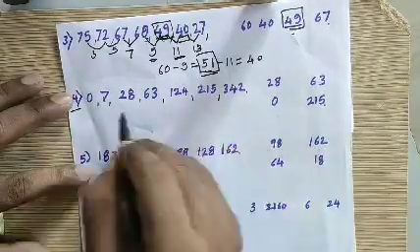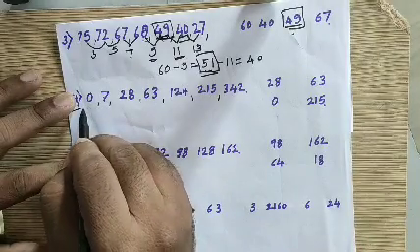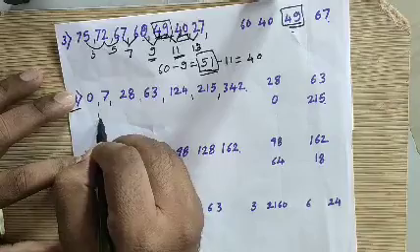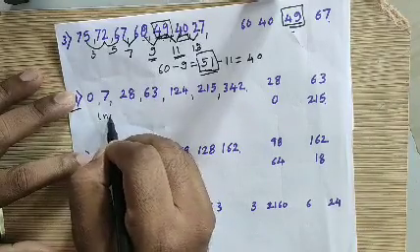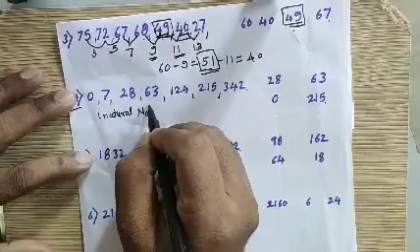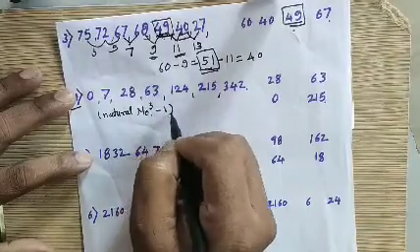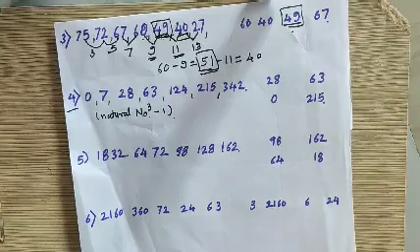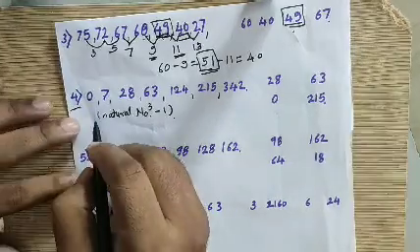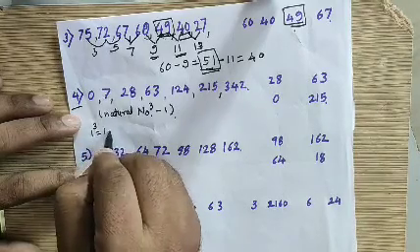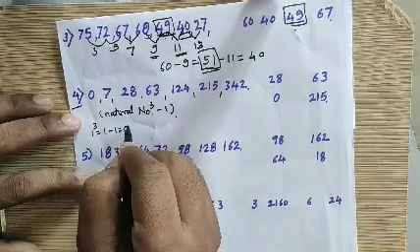In this number series the pattern is natural number cube minus 1. Natural numbers cube minus 1. So the first natural number is 1, the cube of 1 is 1, minus 1 is equal to 0.